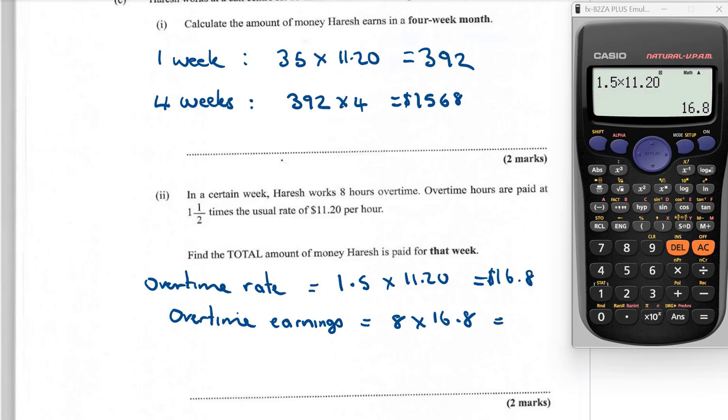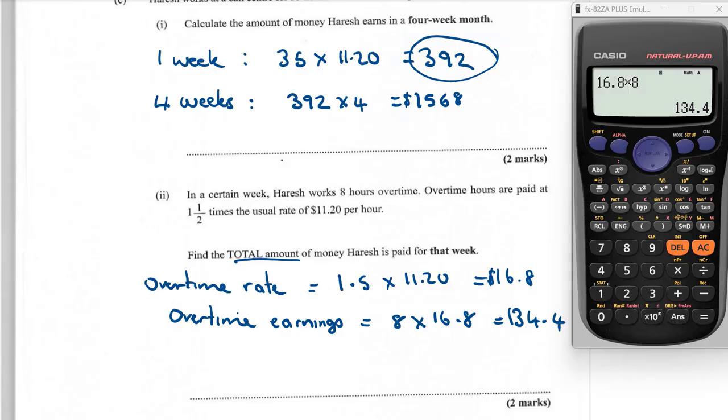So let us do this now, 16.8 times 8. That gives me 134.4. Now, this is only the overtime he earned in that week. The question is asking us for the total. So remember up here we had calculated the amount he'd have earned in 1 week. So we need to add this to the overtime earnings.